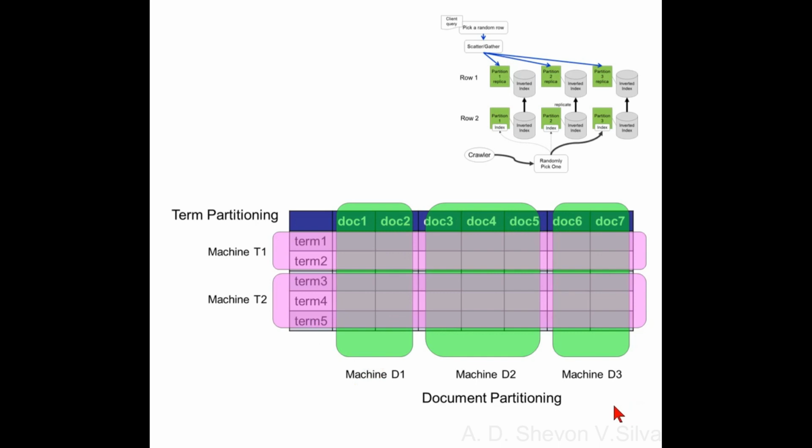In document partitioning, documents are randomly spread across different partitions where the index is built. In term partitioning, the terms are spread across different partitions.